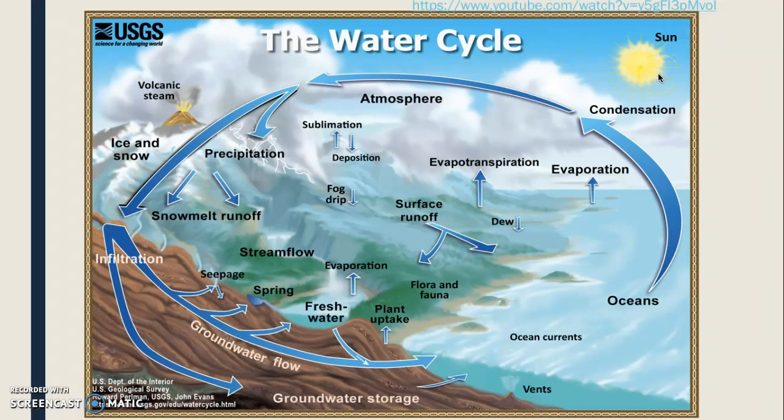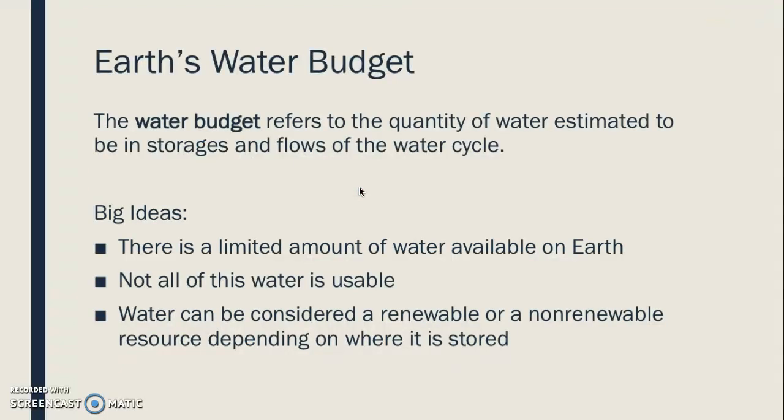So we're looking at these storages and flows of water into different zones, from the ocean to glaciers and polar ice, etc., through the ground, in fresh water, okay, evaporation, etc. And then we're going to think about people's impacts on the water cycle, which can influence the flow and storage of water, and it can also have to do with pollution and how pollution spreads throughout the water as well. So let's get some basics.